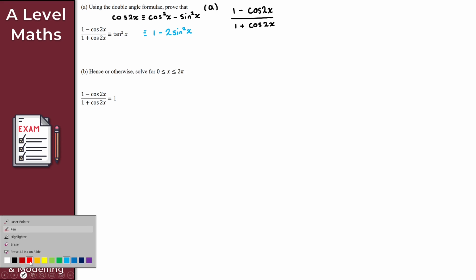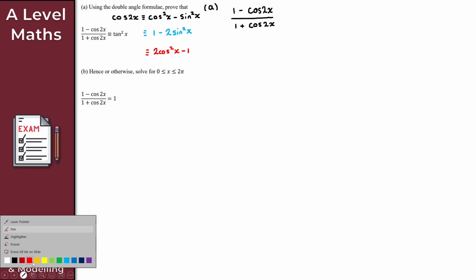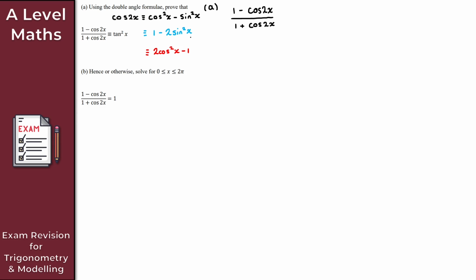And then for the final identity, let's do that in red. It's also identical to 2 cos squared x minus 1. Okay? So what I'm going to do here then is substitute this identity into my numerator for minus cos 2x, and I'm going to substitute this identity into my denominator for cos 2x.